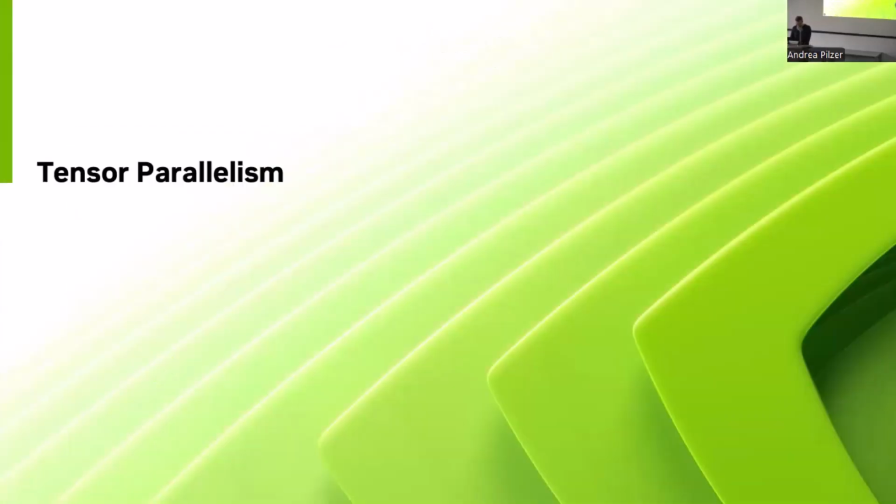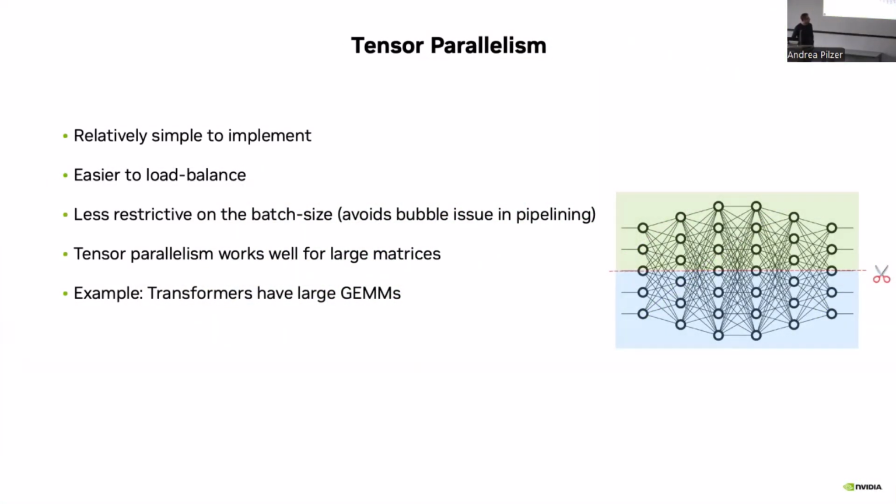This slide has the image of the model, just to make you understand in which way we are parallelizing. If you do pipeline, you are parallelizing by layer, so in this case it would be a vertical line. If you are parallelizing by tensor, you are parallelizing along the horizontal line here.